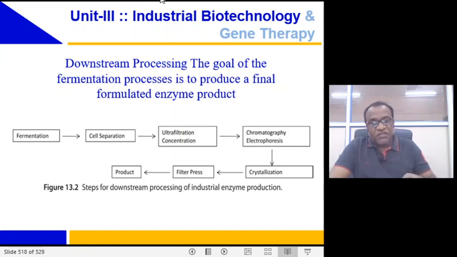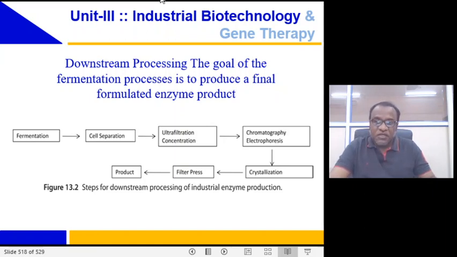Right? So even salting out or solvent precipitation methods could be employed for concentrating the proteins at industrial scale. Then we have ultrafiltration, electrophoresis, and chromatography to produce a highly purified enzyme product.